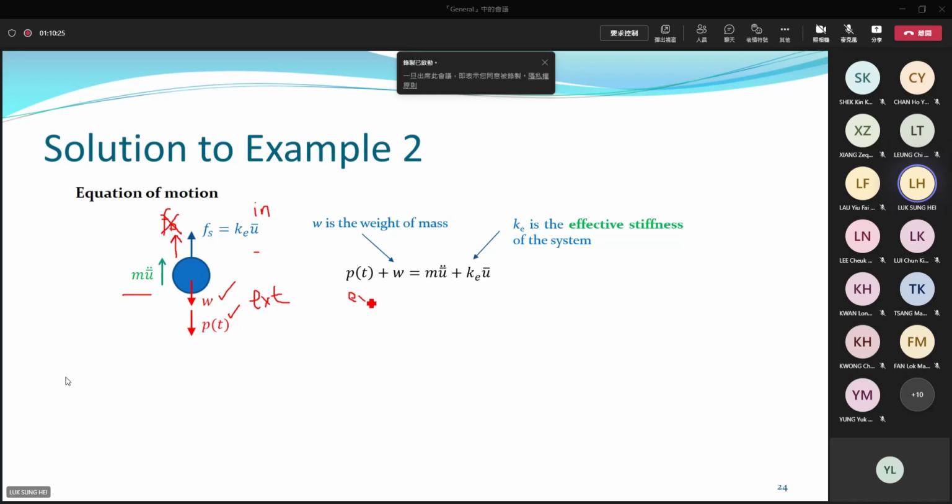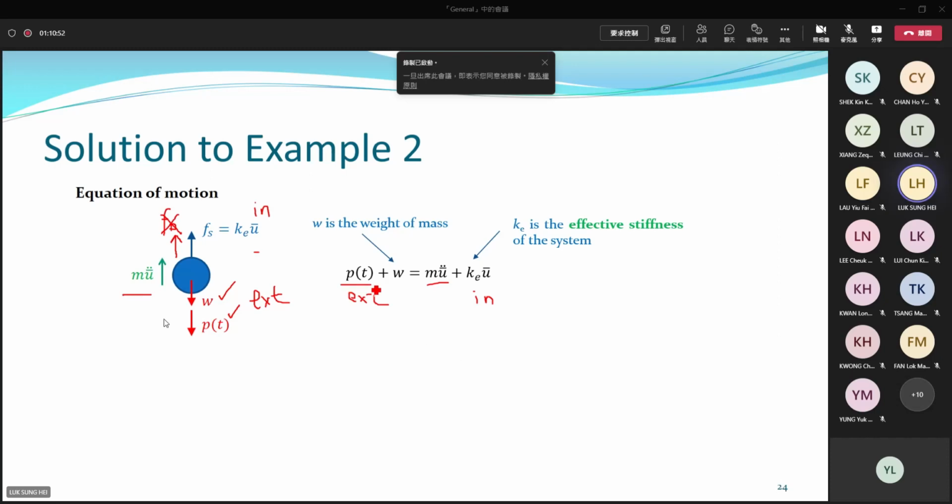External force on the left-hand side; I move the internal force to the right-hand side of the equation, and then this is ma. U double dot means acceleration, but we use the symbol U bar rather than U in this formula, because we use the undeformed position as our reference level at the beginning. So this is the equation of motion for this system.